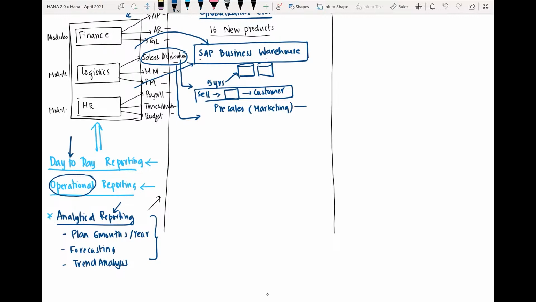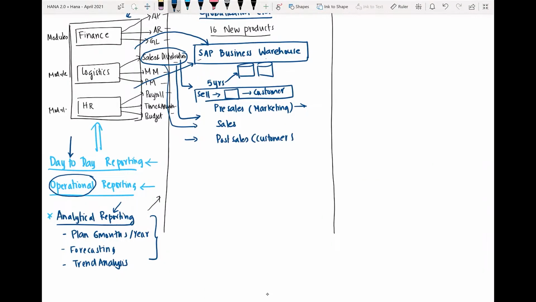Once you do pre-sales, which is marketing, you do the actual sales. Actual sales is very similar to what you used to do in the previous era. But once you have completed your sales, your job doesn't stop there. You have to do post-sales, which is customer service.